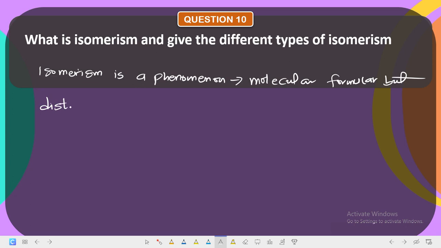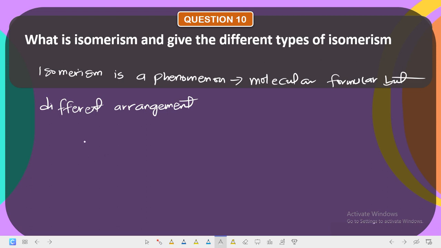Are we getting it? So whenever compounds have the same molecular formula but different arrangement, we call that what?